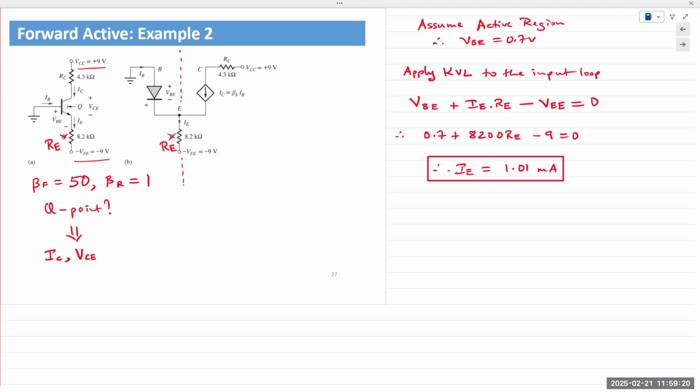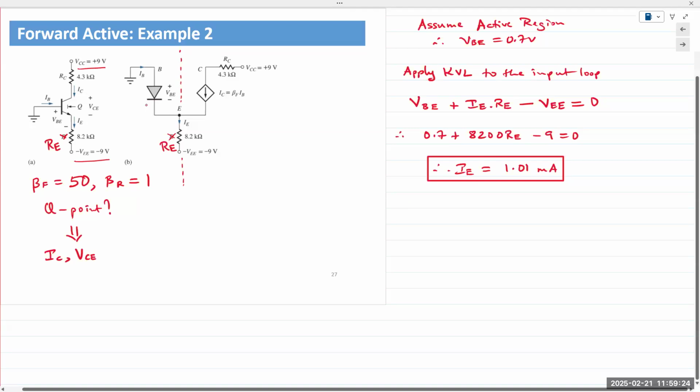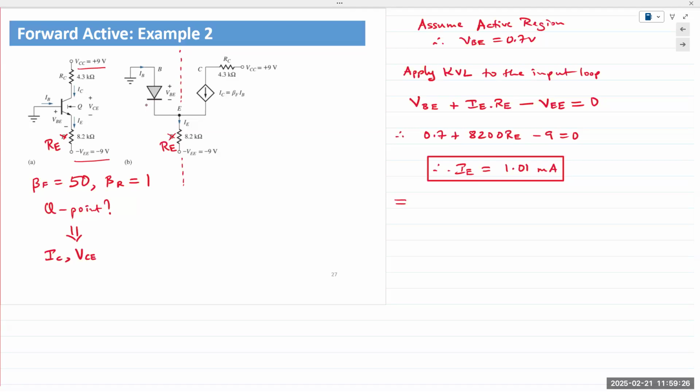So let's write it this way. Since IE can be written as beta plus 1 times IB, I can find IB as IE over beta plus 1.